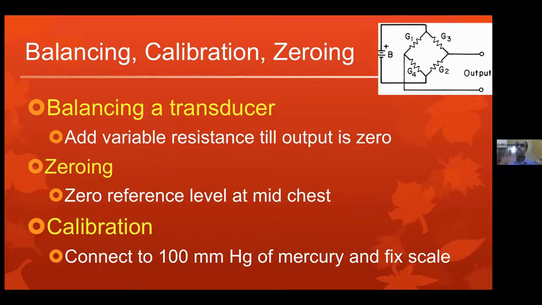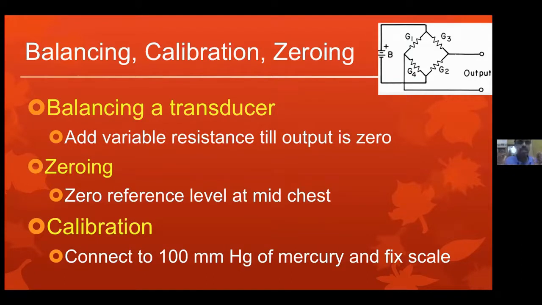But now lots of physics has come in, people have put catheters into various parts of the heart, and since the majority of pressure assessments are primarily done for clinical purposes, either in the left ventricle or in the ascending aorta, they have identified that this so-called mid-chest level is not correct. It is 5 centimeters below the 4th intercostal space from the surface of the chest, and that should be the 0 reference level.